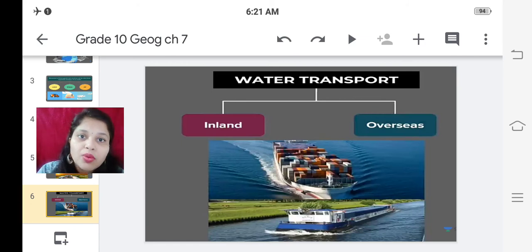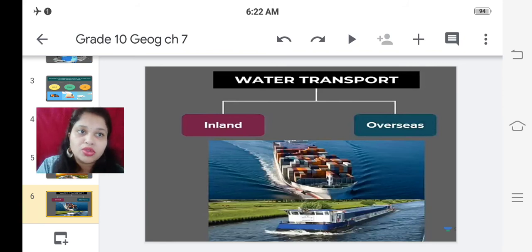What is inland water transport? If any good is supposed to be transported through the inland waterways within the country, it is called inland waterways. नदी से ही किसी सामान को ट्रांसपोर्ट करना है, बट वो बाहर नहीं जाएगा, देश के अंदर ही वो एक शहर से दूसरे शहर, एक राज्य से दूसरे राज्य तक अगर उसको पहुंचाना है थ्रू वाटर्स, इट इज़ कॉल्ड इनलैंड वाटरवेज.